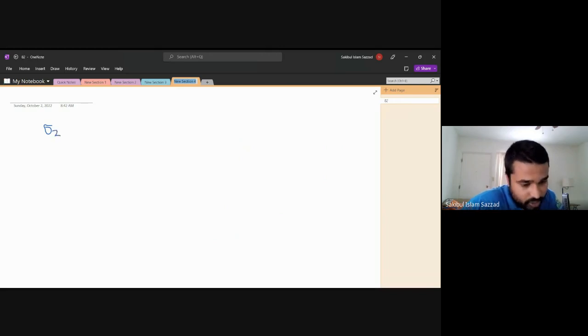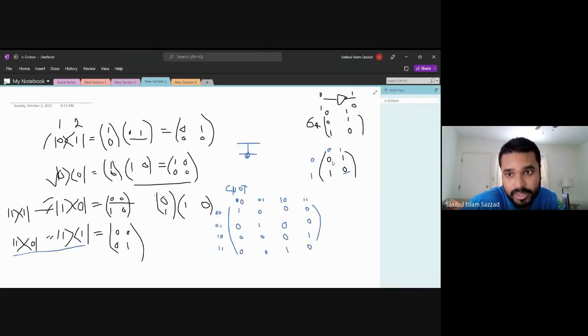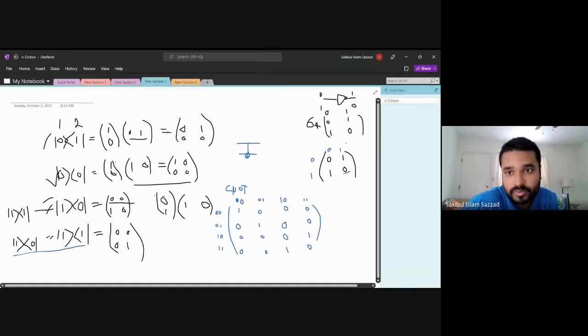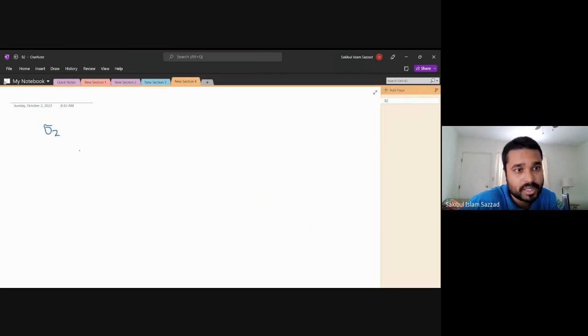I will tell you the condition of how the Pauli gate works, but you have to tell me the matrix, like sigma x. Like sigma x, you have to tell me the matrix.